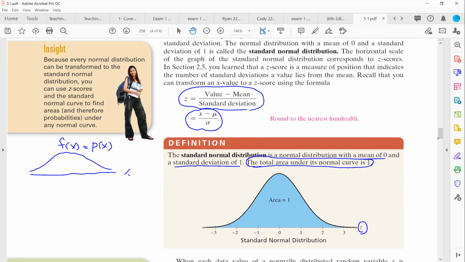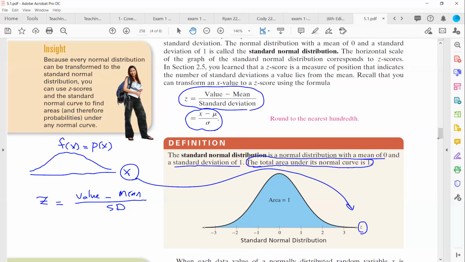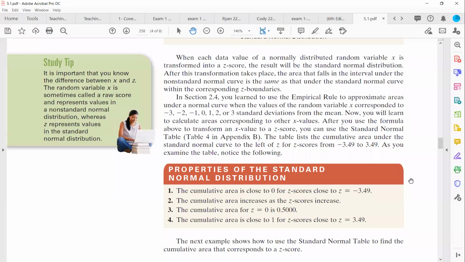Now we use the z formula, x value minus mean divided by standard deviation, to convert x into z, and they have the exact same graph. It was f of x, probability of x. Now you have f of z or probability of z. Just coming from algebra.